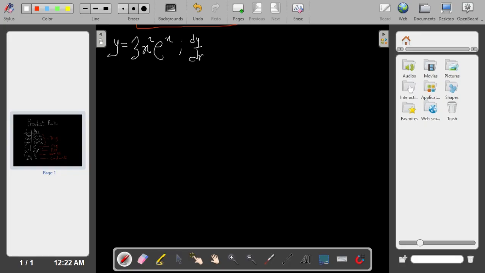Like I did previously in the first example, what you do is represent this with a u and represent this with a v. And don't forget that this came from y equals uv. So what I'll do here is I'll write my formula out. dy dx equals u dv dx plus v du dx.